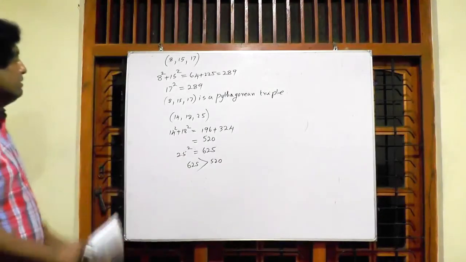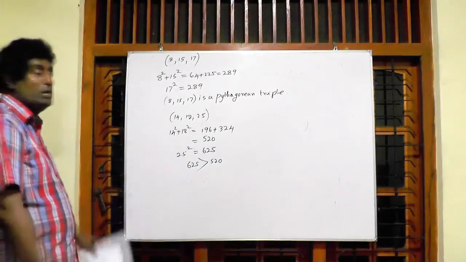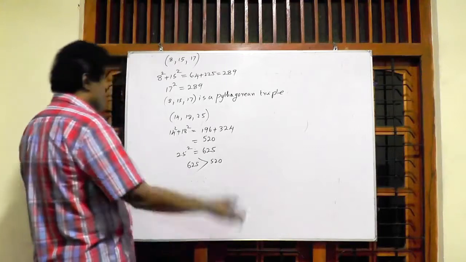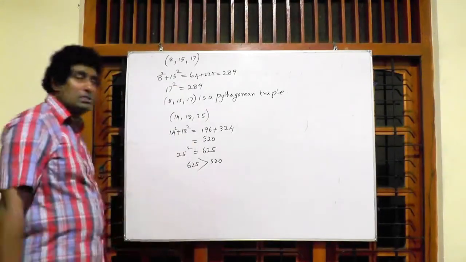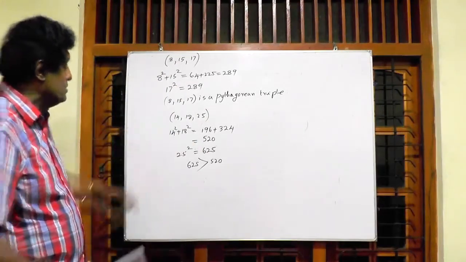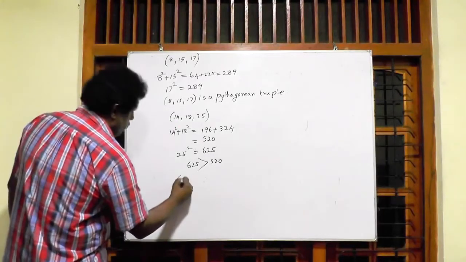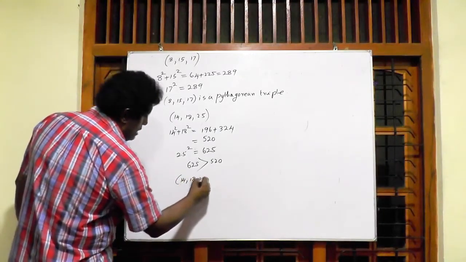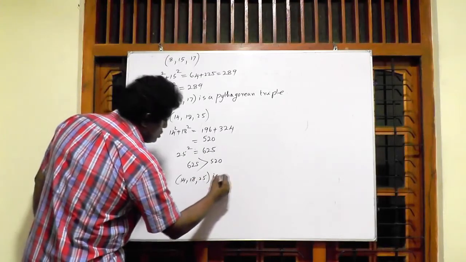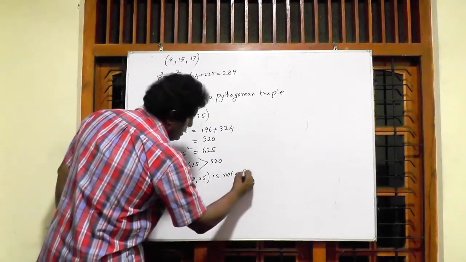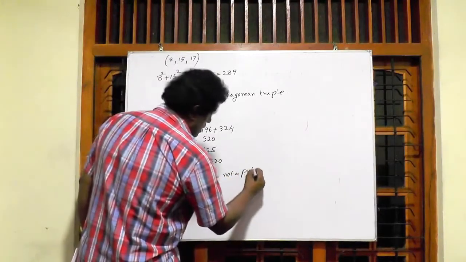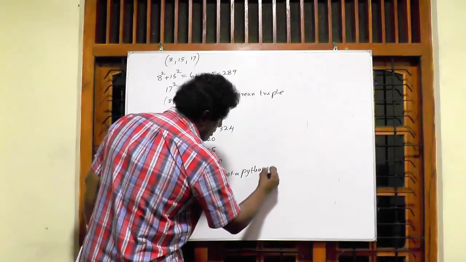Therefore, 14, 18 and 25 is not a Pythagorean triple. Already we have selected the Pythagorean triple out of the two triples.